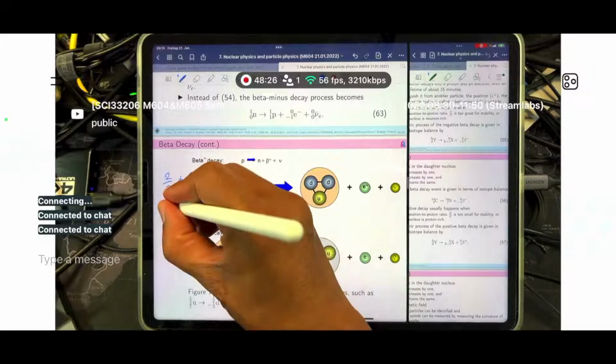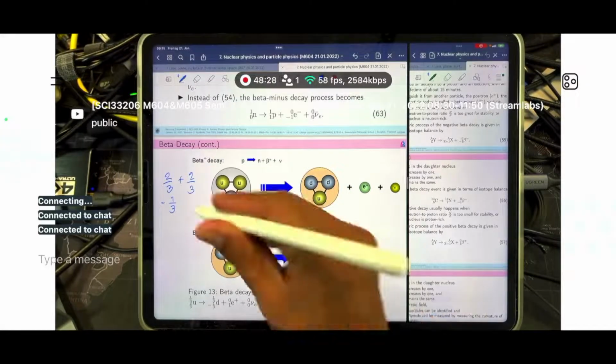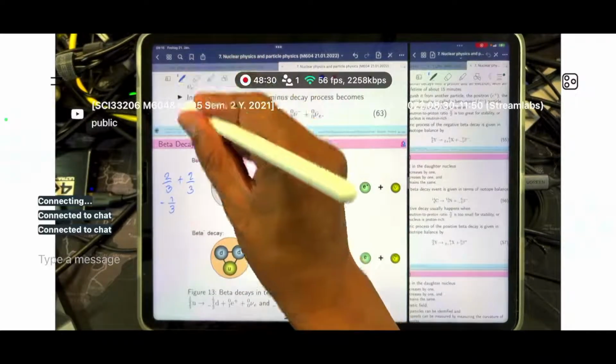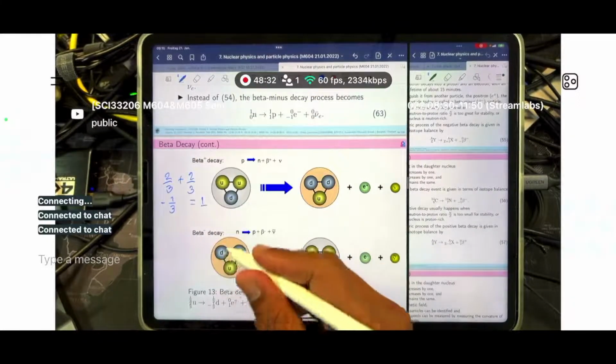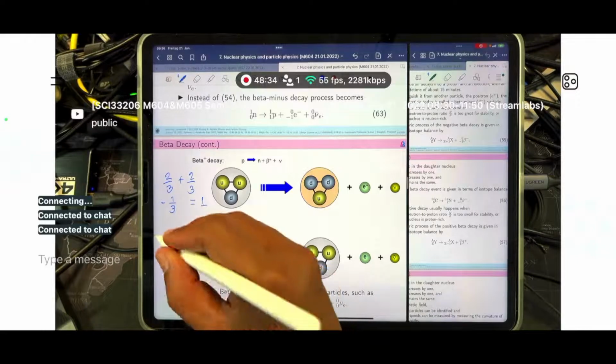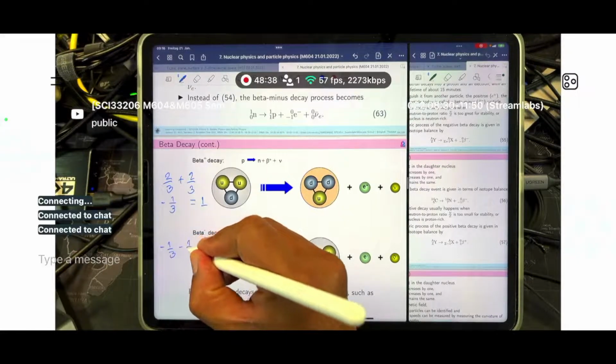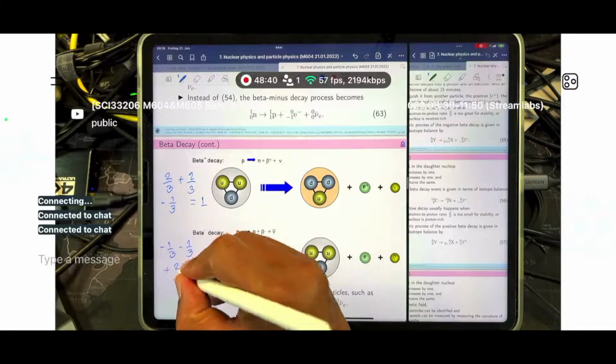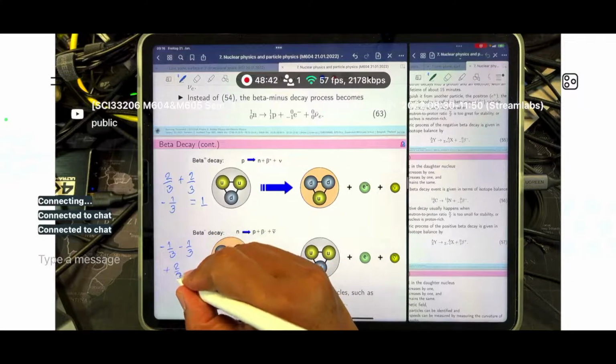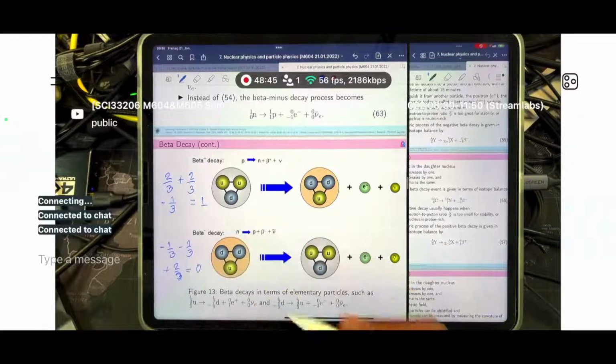So if you combine these three, it's going to be equal to 1, right? And for the neutron, you have minus 1 by 3, minus 1 by 3, and plus 2 by 3, right? You get 0. So the neutron has no charge in this setup, and the proton has 1 charge from the calculation of each quark component.